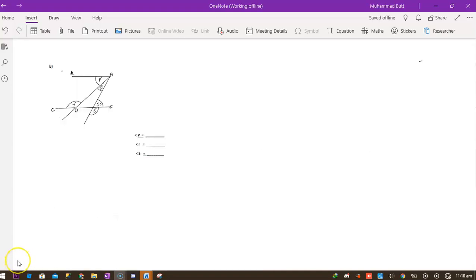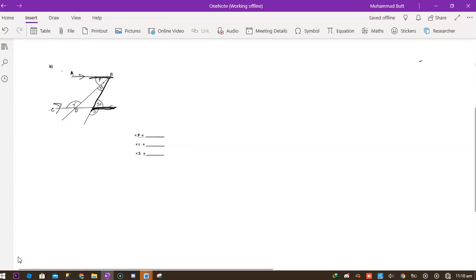Now come to part B. Two parallel lines are given to you. AB is parallel to CF, and the angles which are given to you are one is 50 degrees and the other is 35 degrees. Now look at this. The lines AB and CF are parallel to each other, and they are making the Z. Alternate angles make Z, as we know.